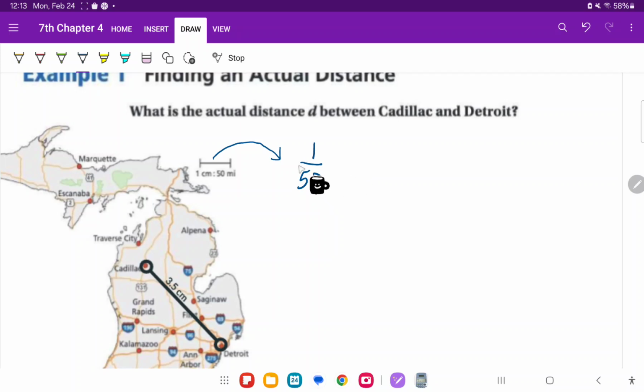Notice that we're putting the centimeters on top and the miles on the bottom. So when we set up the other side, we follow the same pattern. If I put centimeters on top, I'm going to put miles on the bottom. Right here I have 3.5 centimeters, and then I'm going to put D on the bottom because it's that distance that I'm missing.